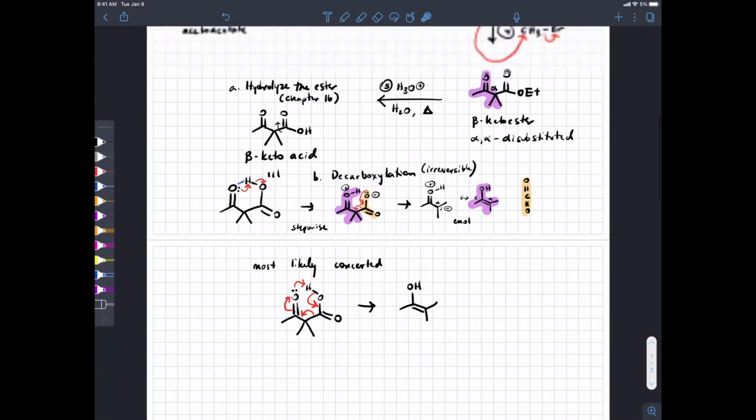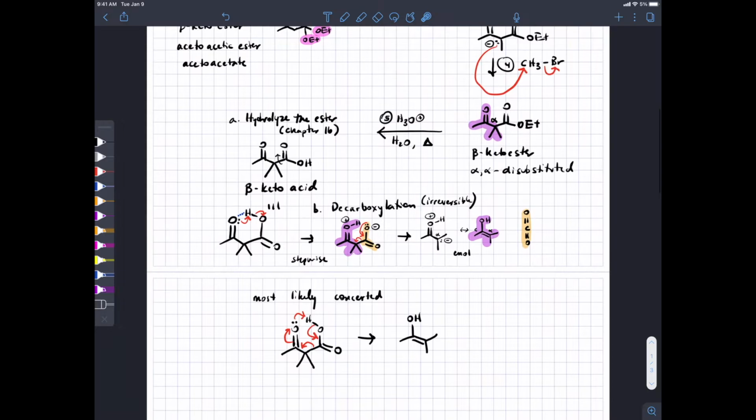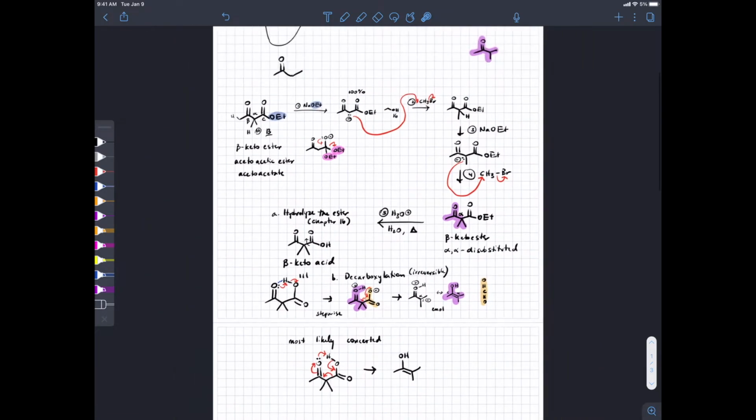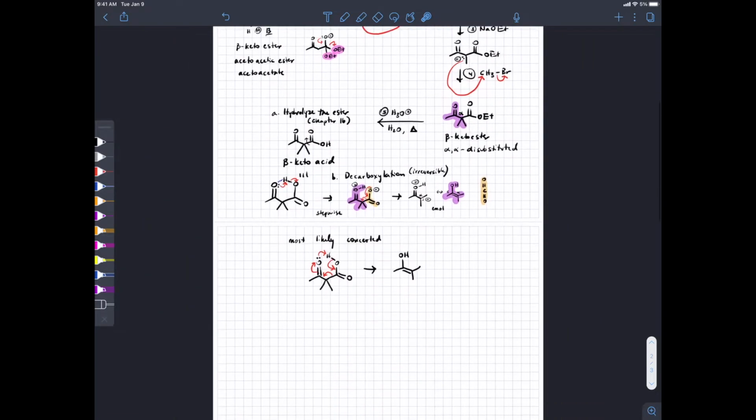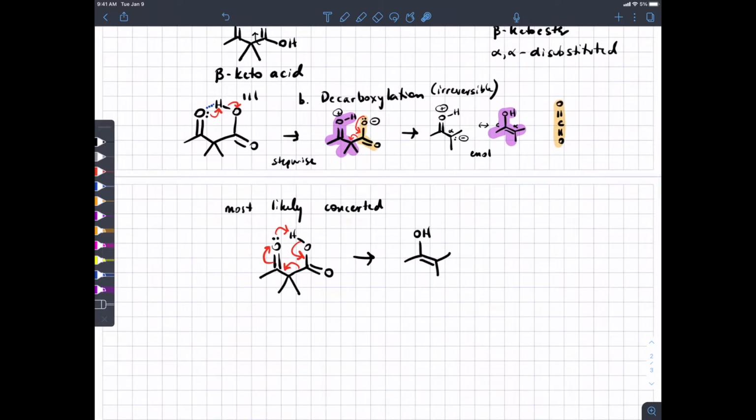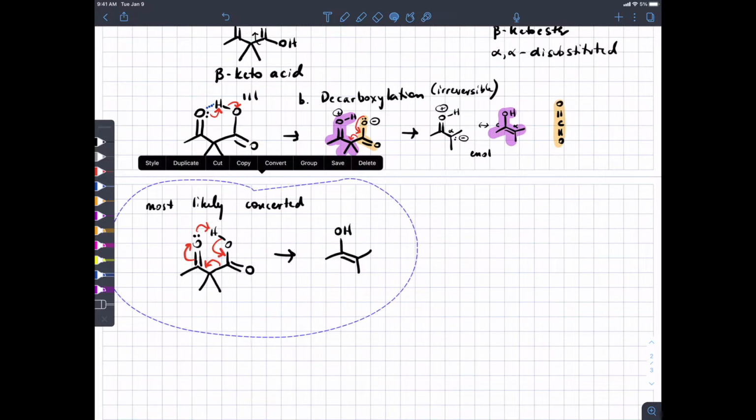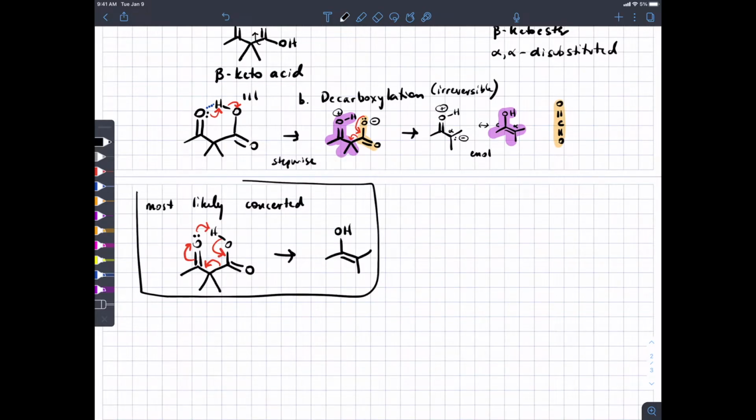Okay, so that's part B, but we're still not at our desired ketone product. Fortunately, we've made this enol, and part C is tautomerization. We're going to tautomerize from enol to keto form.